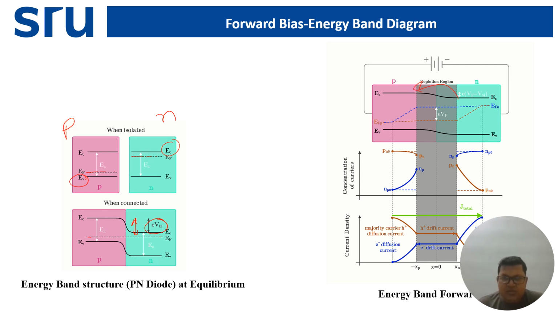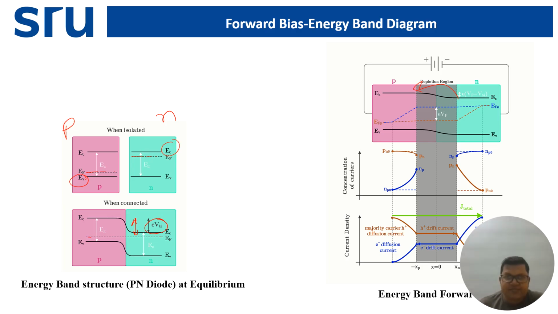This forward bias helps more electrons go to the other side, thus creating more current. If you see the concentration of carriers, you can easily see how it changes for both sides, and the current density also changes. So this is the explanation with respect to the band diagram.